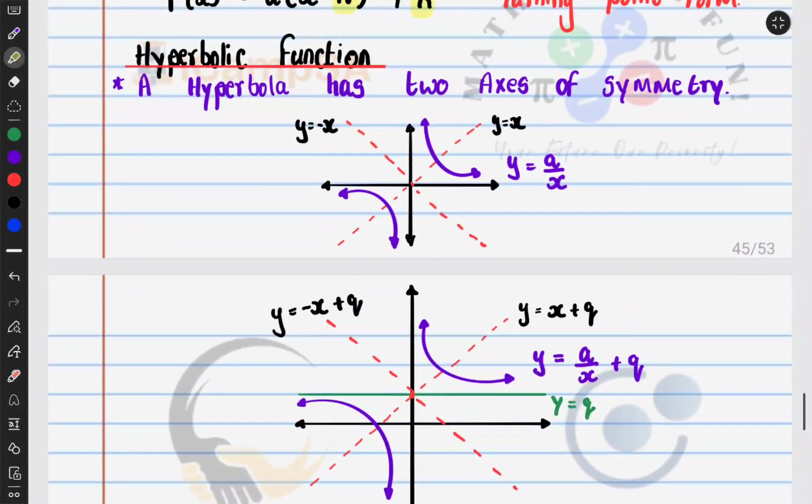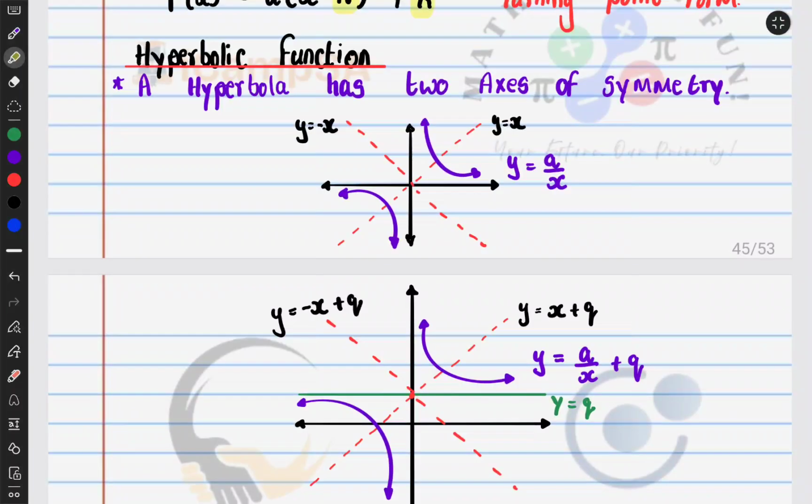A hyperbolic function, another interesting thing about them is that it has two axes of symmetry. Unlike the parabola, which has the axis of symmetry at 0, the hyperbola has axes of symmetry that are actually diagonal.